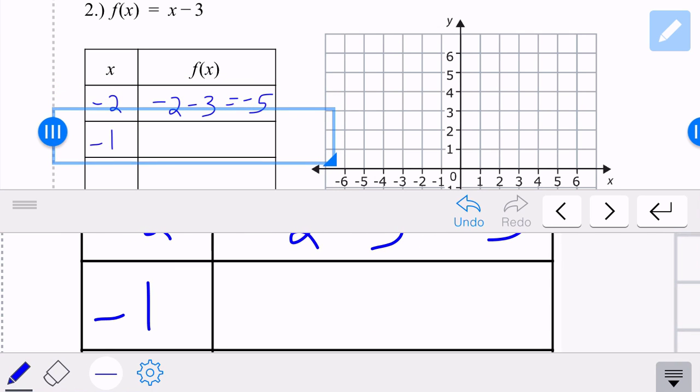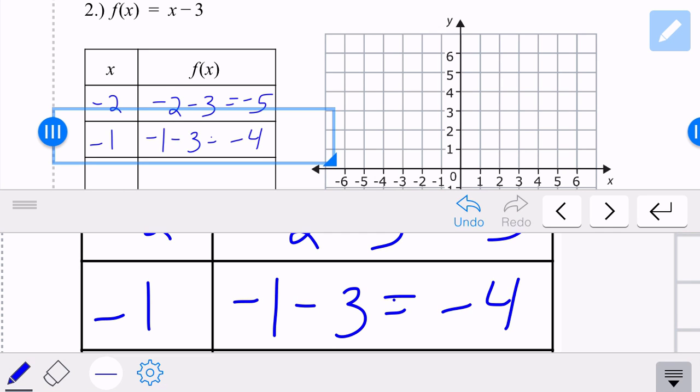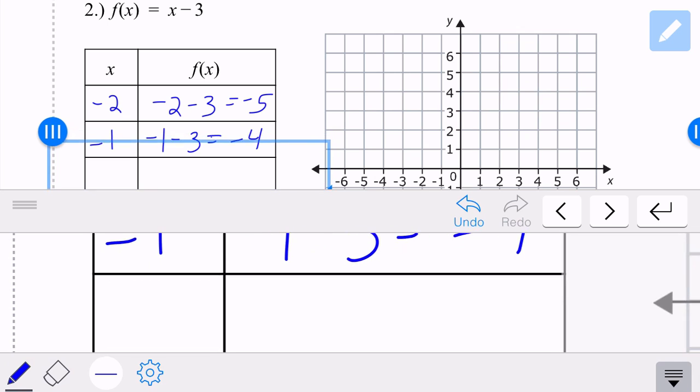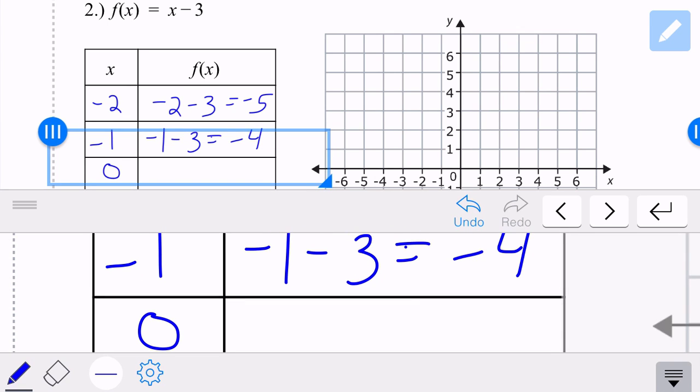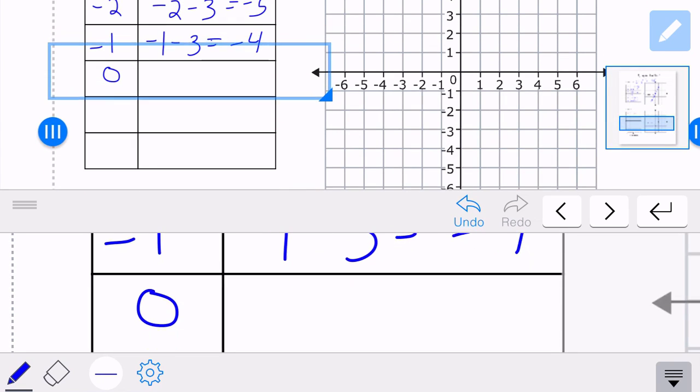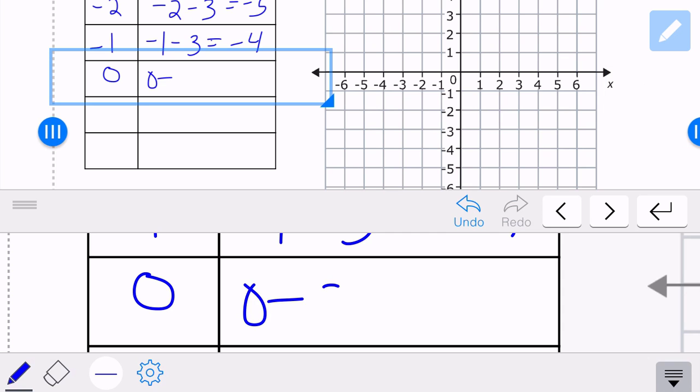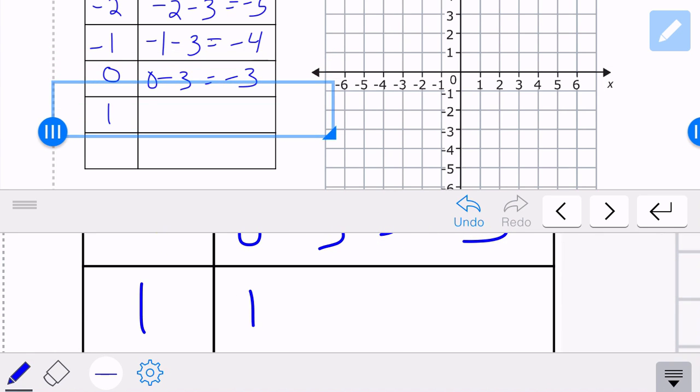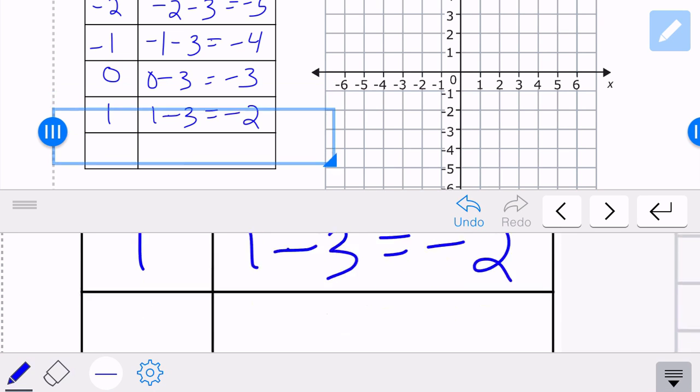If we plugged in -1, we would have -1 minus 3, which would give us -4. If we plug in 0, we would end up with 0 minus 3 would give us -3. Plug in 1, you'd have 1 minus 3, which would give us -2.